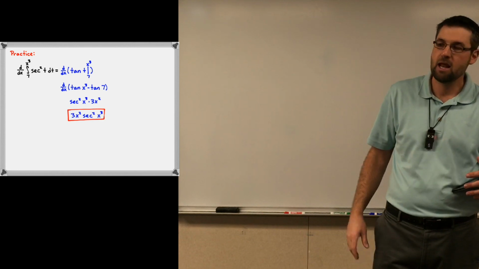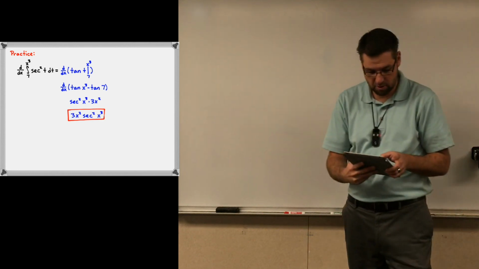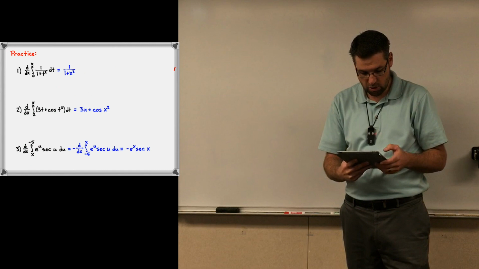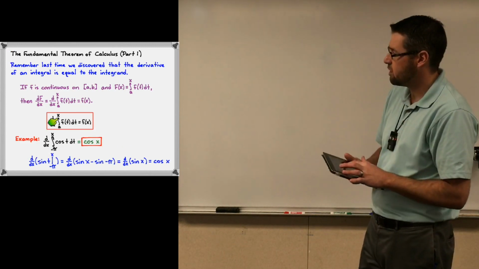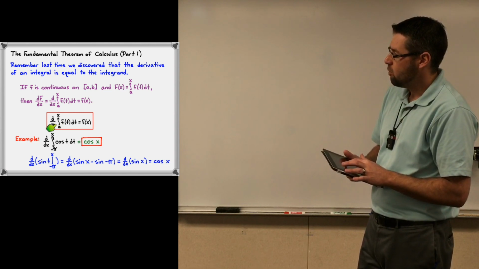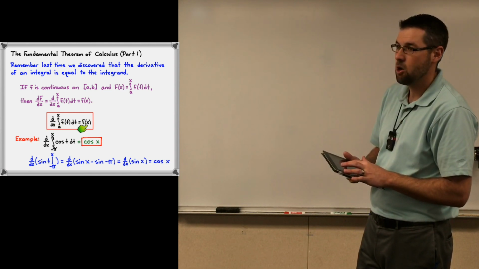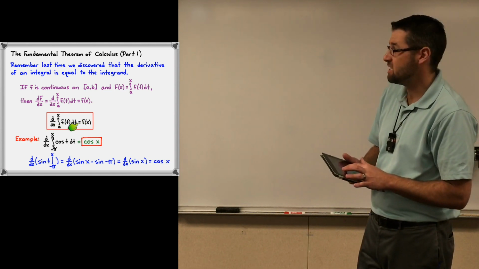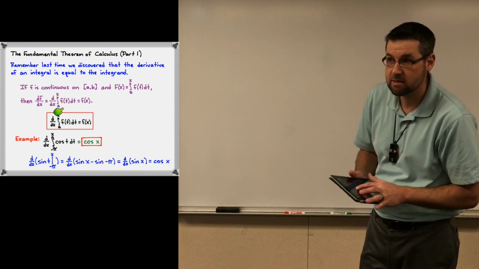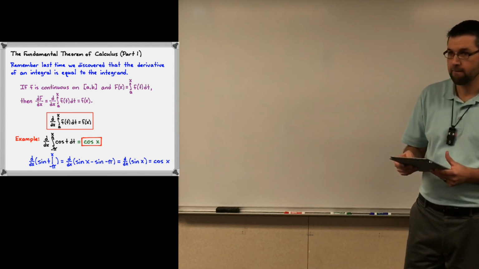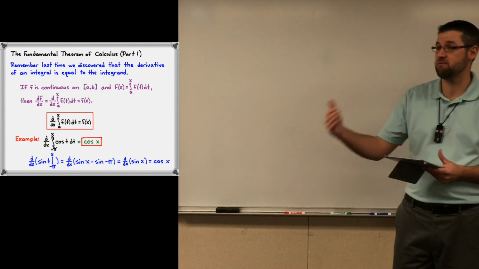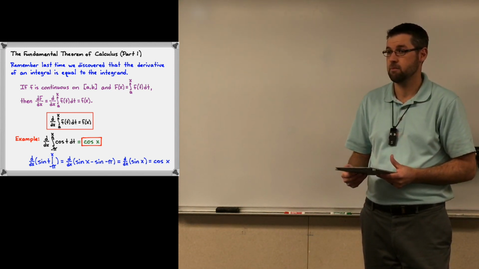Okay. Now, how does that relate? Let's go back to the previous problem. Let's go back to the fundamental theorem here. How does that work here? If I was going to do that, we said the answer is just f of x. Why? Because the derivative of x is just 1. No, because remember, what's the variable in this problem?